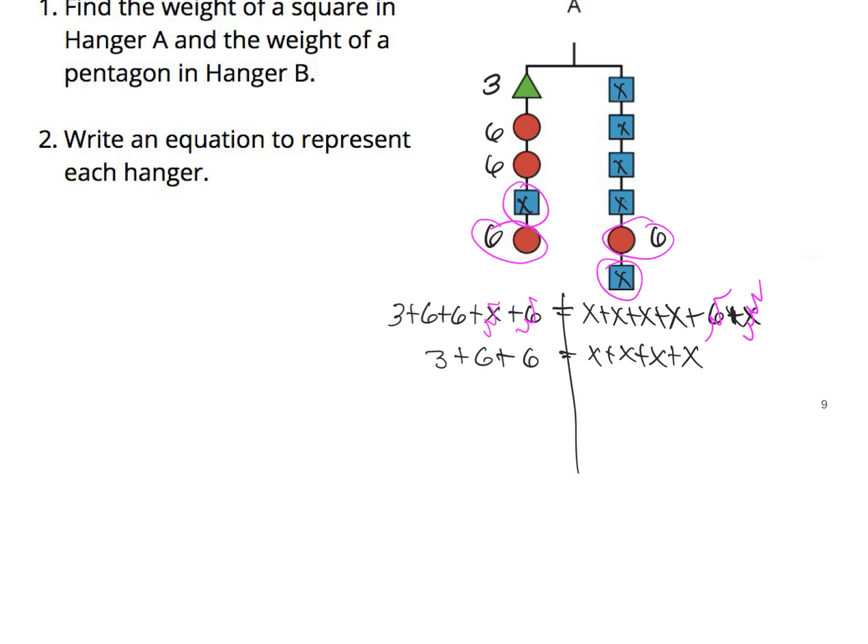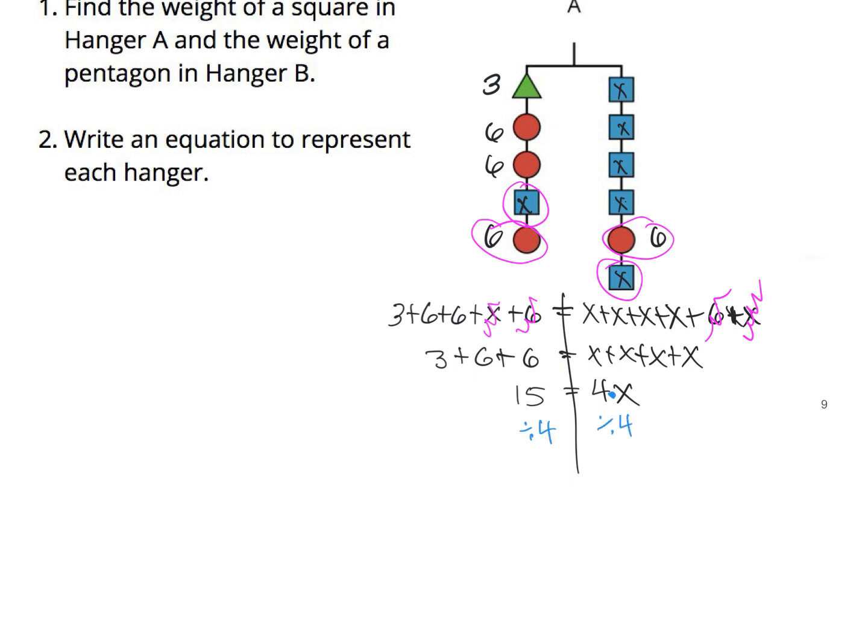So let's grab our calculator. Let's do 3 plus 6 plus 6. That's 15. 1, 2, 3, 4 X's. Ooh, I've done this before in 7th grade. So I have 4 times X. That means I can divide by 4. So grab your calculator.